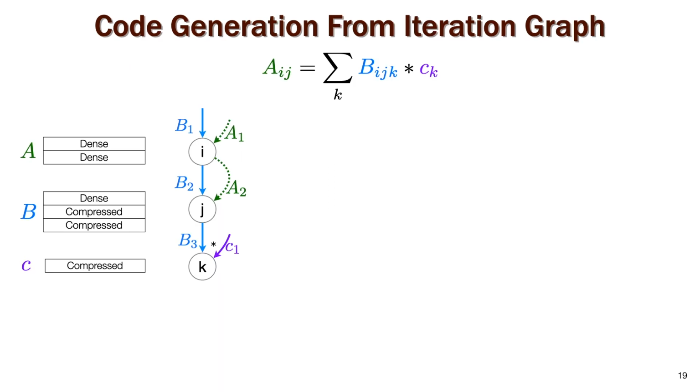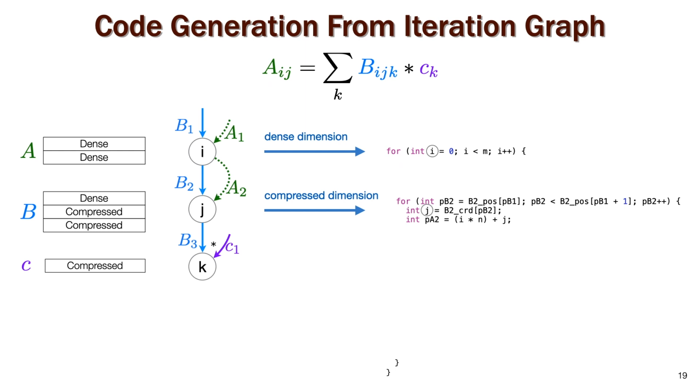So here we go back to our original expression, assume the output is dense. B is a dense-compressed representation, and C is a compressed representation. These are each level in here. So we generate level by level. I is dense, there's only B coming in, so it's very easy to generate that. And J is compressed, but it's only 1 coming in, so you generate iterating over B, since it's a compressed dimension in here.